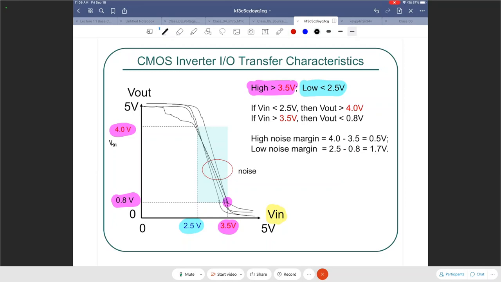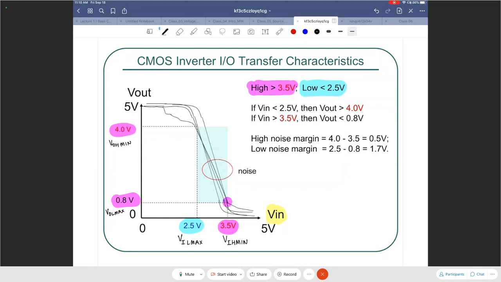It is for the high level and it is the minimum. 0.8 is output low level maximum. 2.5 is input low level maximum. 3.5 is voltage input high level minimum. Yes. That's all I need, right?